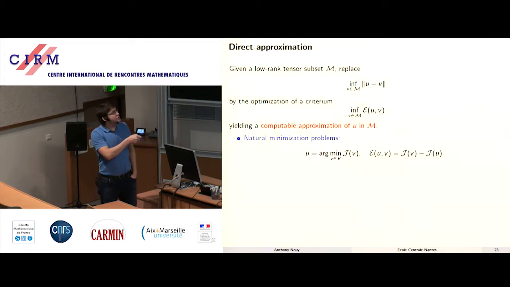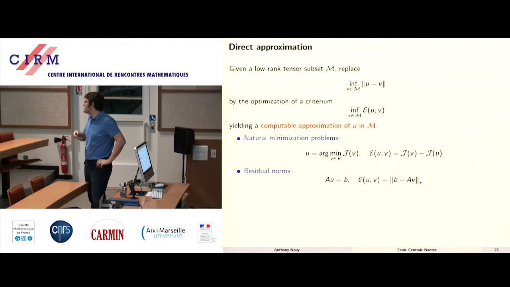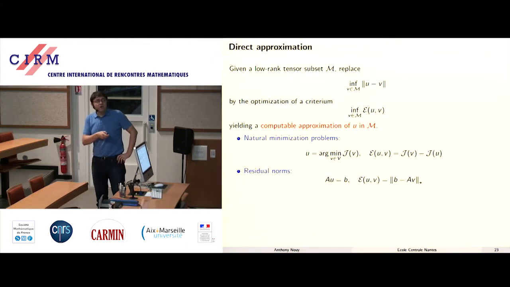But of course, since you don't have the solution, you will have to replace this minimization of the distance by some minimization of a certain criterion, a certain distance to the solution. If you have a natural minimization problem in your problem, there is a natural way to define this distance between the solution and the V. If you don't have these natural optimization problems, you can rely on a residual and try to minimize the residual norm.